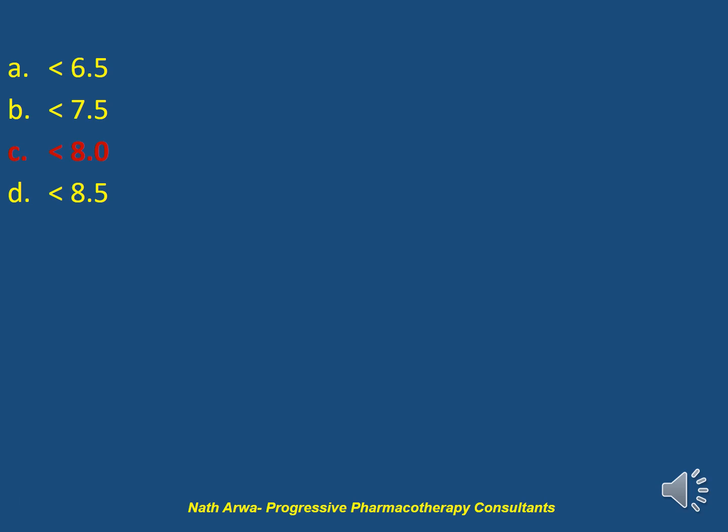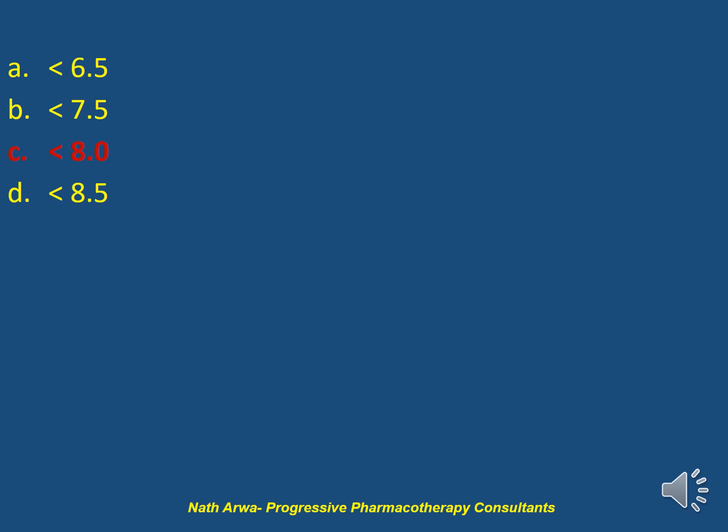Now, she doesn't have end-stage chronic illnesses that meet the criteria of below 6, and the below 7.5 goal solely applies due to her age, which is above 65.